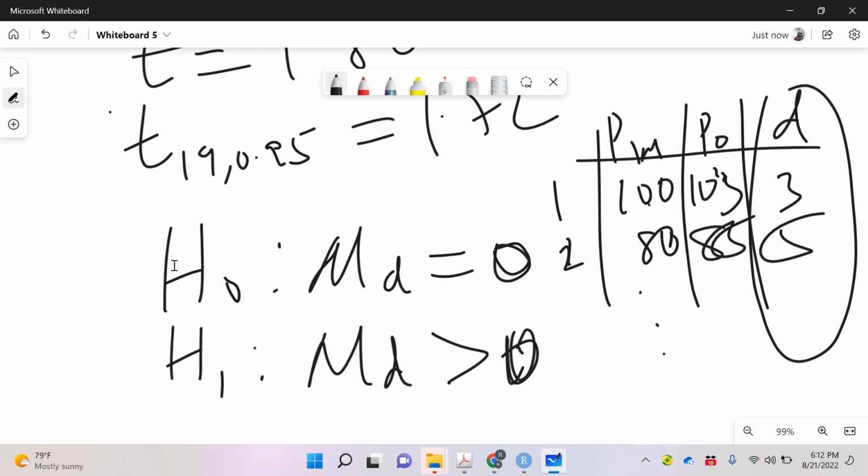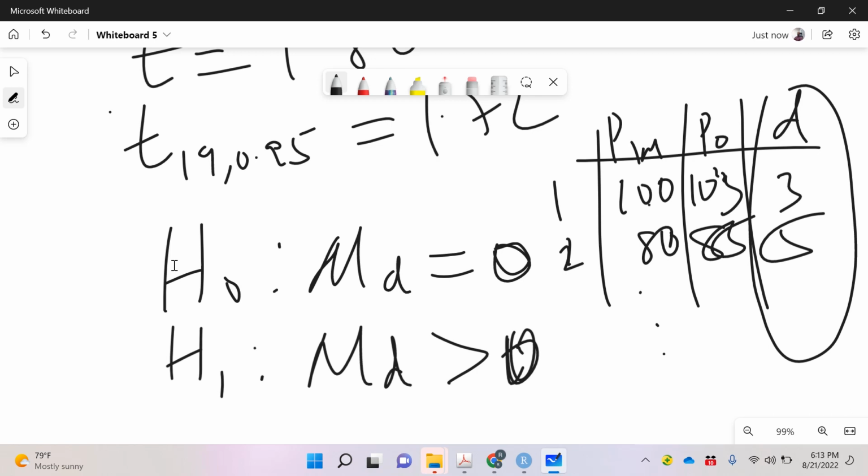If we had said that a successful program is when, on average, they gain more than 2 kilos, then we will expect our mu d, the average, to be 2, because now the average of the gain in weight should be at least 2.